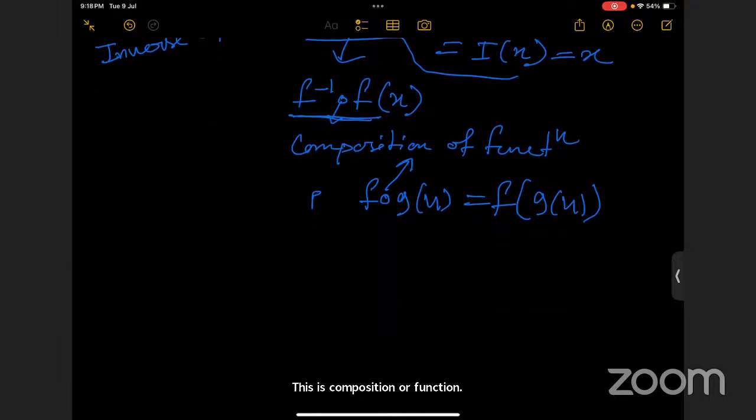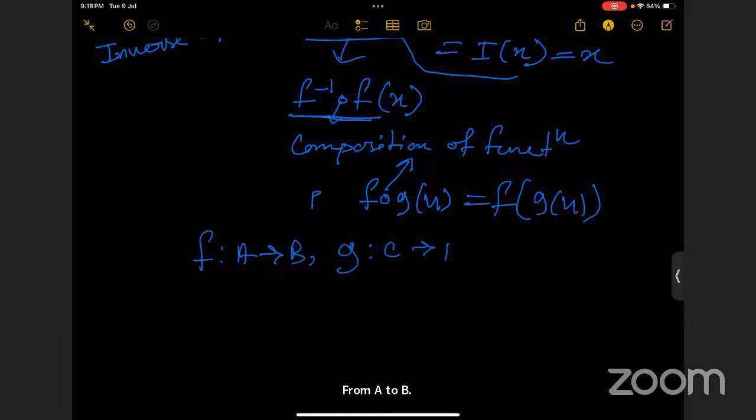So in that case, if we have a function F from some A to B and G from some C to D, suppose, then F compose G, what will be the domain for F compose G?